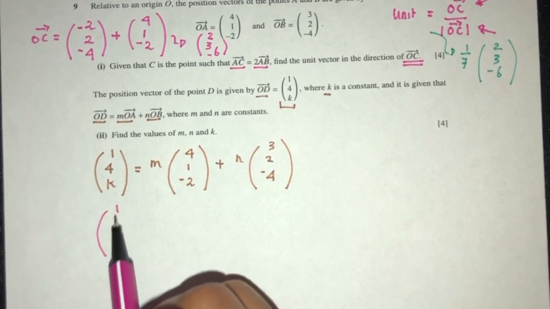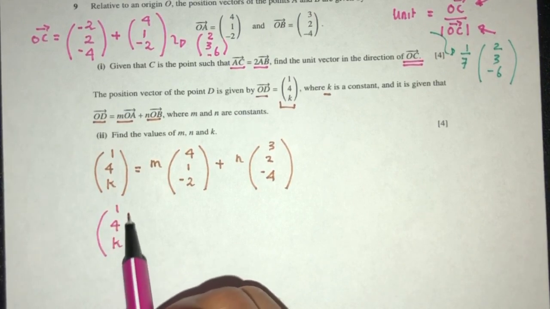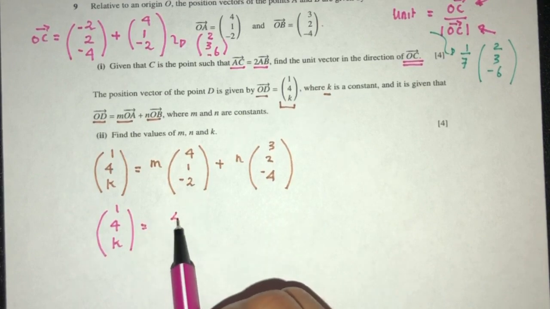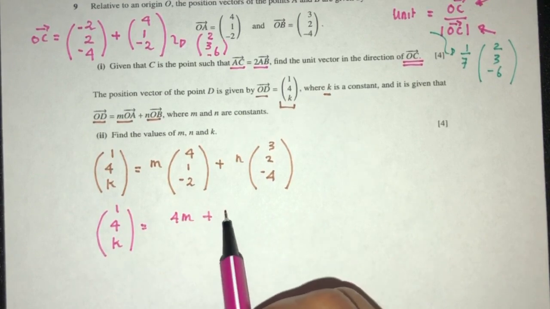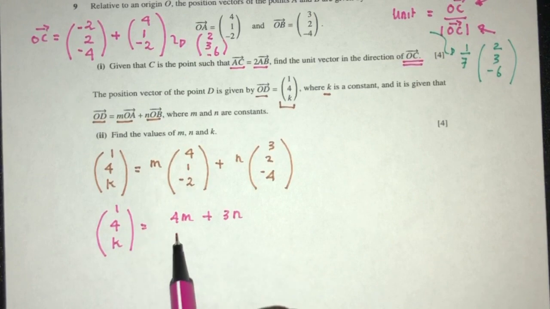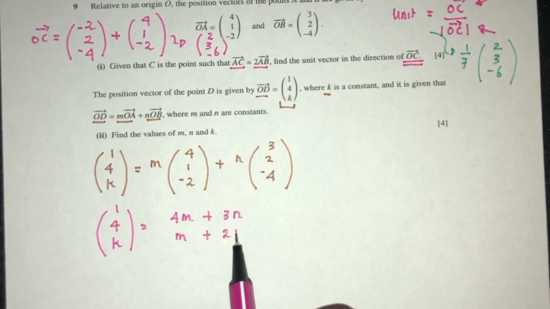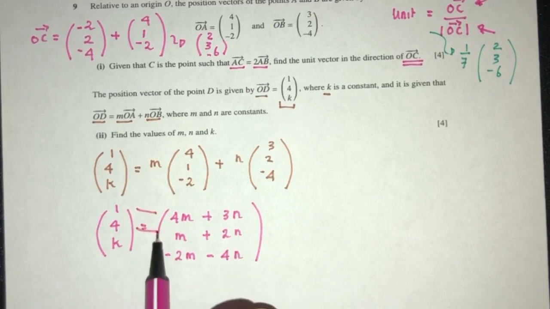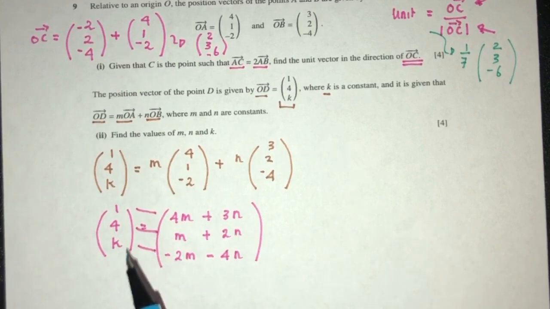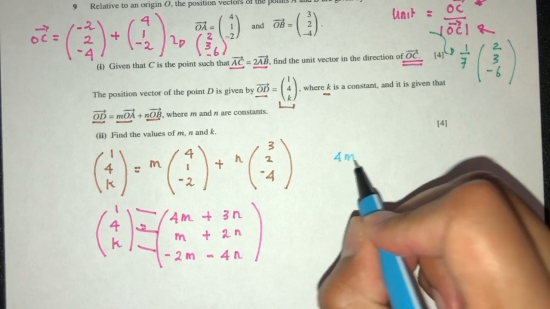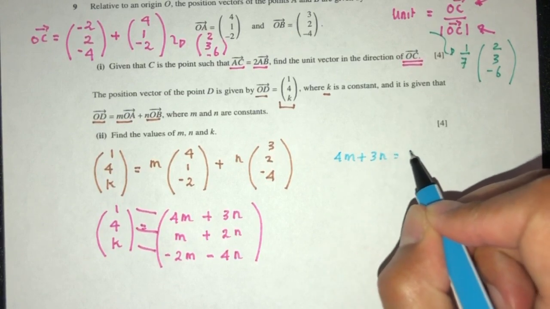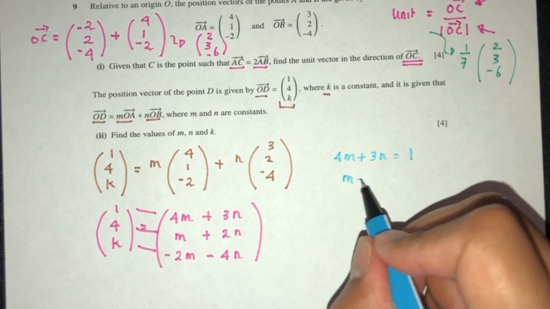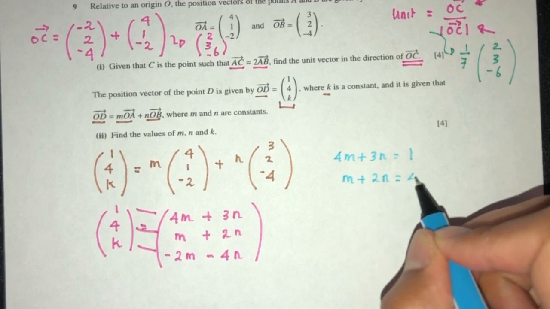You will have (1, 4, K) is equal to (4M plus 3N, M plus 2N, and then here we have minus 2M minus 4N). Now we just have to equate, right? So first equation we have is 4M plus 3N is equal to 1. Then we have M plus 2N equals 4.